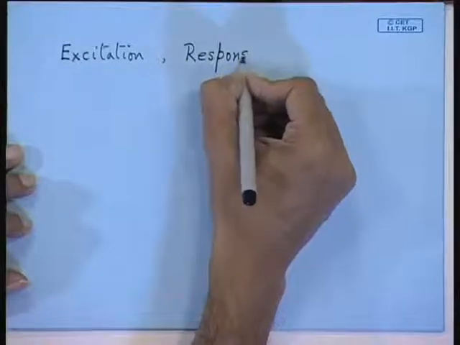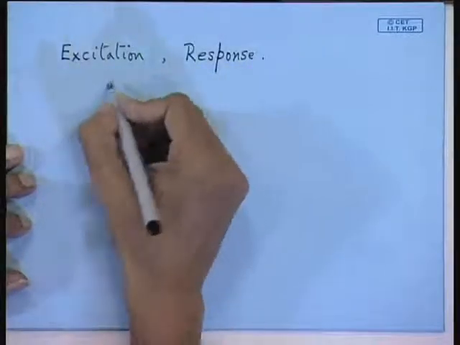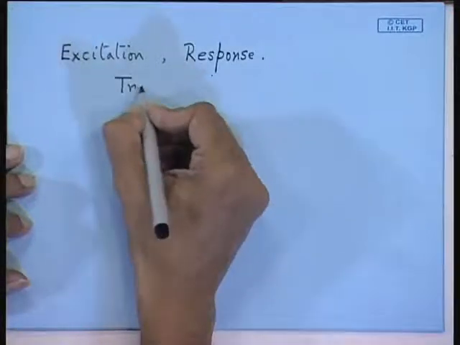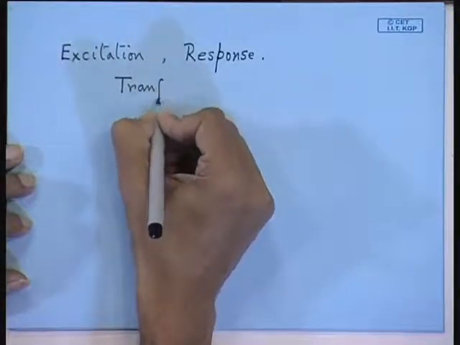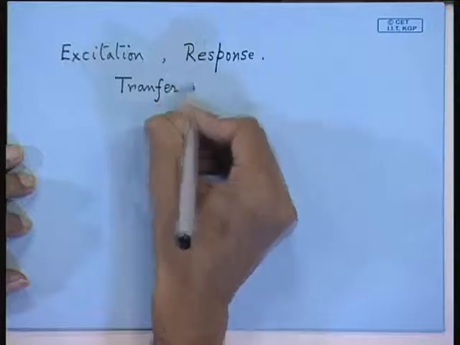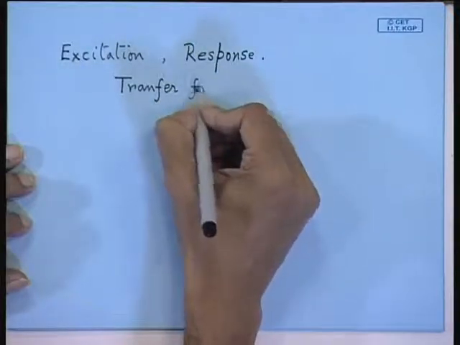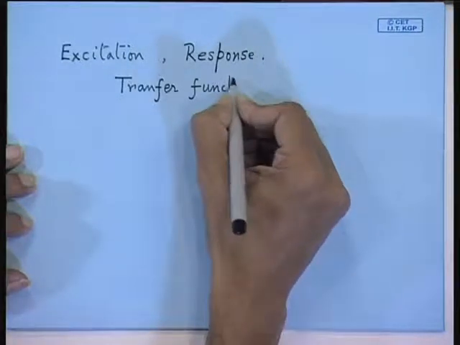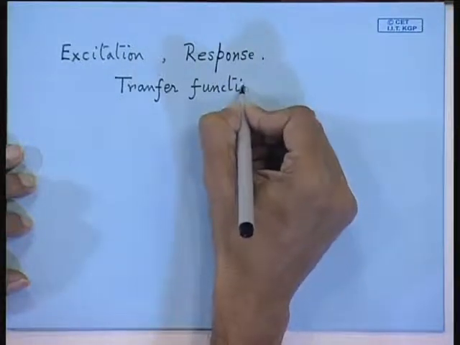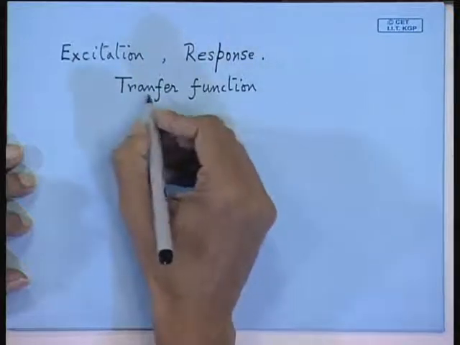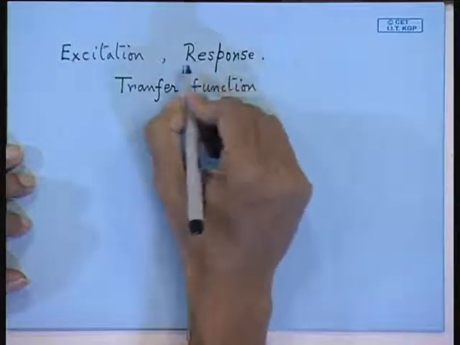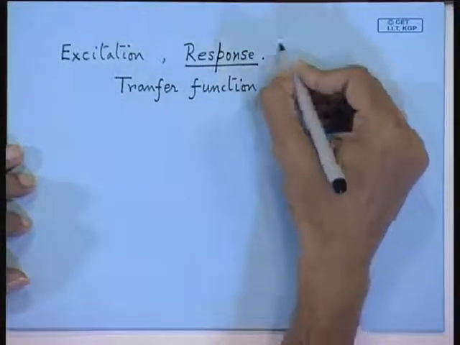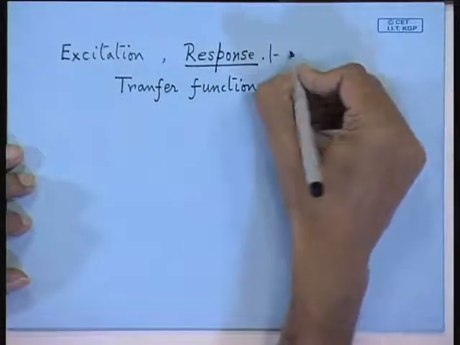This is best studied by what is called a transfer function. You have to formulate a transfer function where you transfer the excitation to the response. In structural engineering, we are more bothered about this, so this is of interest to your structural engineer.